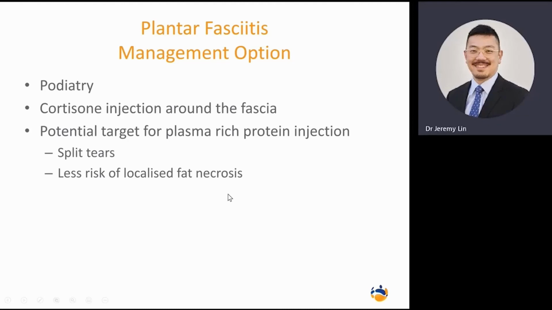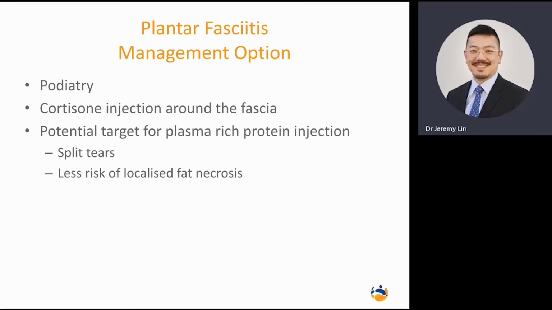And again, plantar fascia treatment option, our allied health colleagues in podiatry are very helpful in terms of definitive management by offloading the patient and offloading the strain that's causing the fasciitis in the first place. We can offer cortisone injections around the fascia to help reduce the inflammation and help our colleague in any physiotherapy or any offloading that they may need to do.